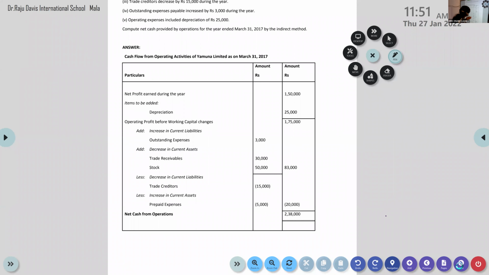Decrease in current liability and increase in current asset, you have to reduce. Those details are given to you in the adjustments, so accordingly, you have to reduce or add.